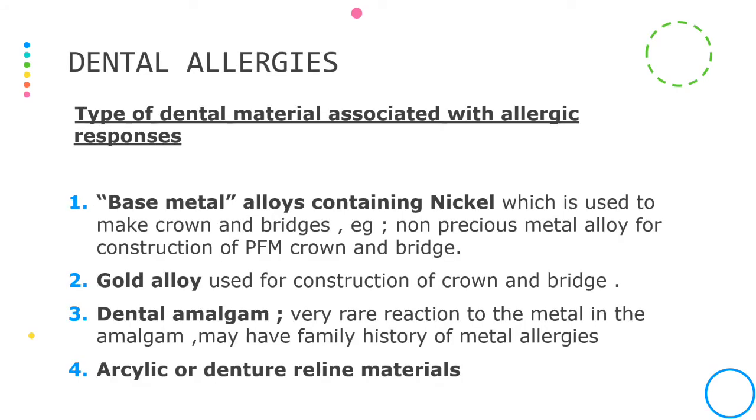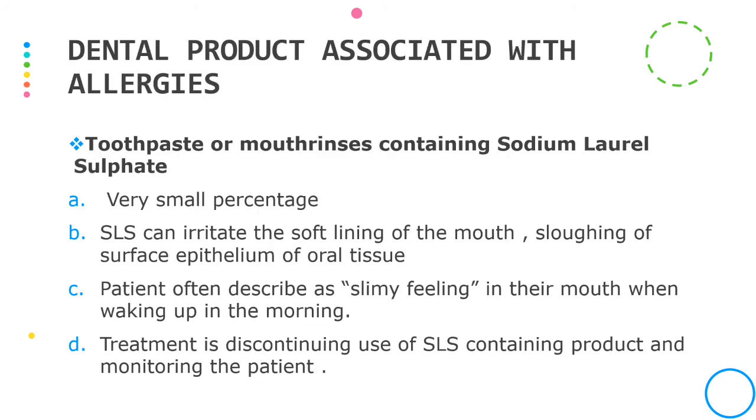Some of the types of dental materials associated with allergic responses are base metal alloys containing nickel and gold alloys, which are used in the construction of crowns and bridges, dental amalgams, where patients may have a rare reaction to the metal in the amalgam or have a family history of metal allergies, and also acrylic or denture reline materials.